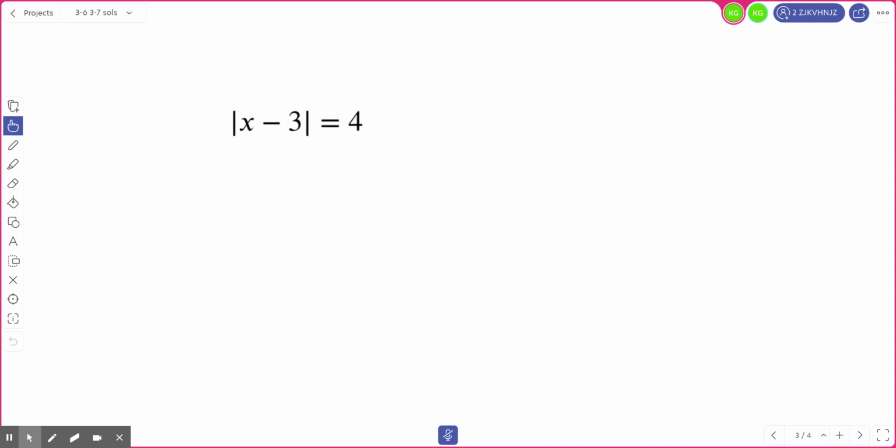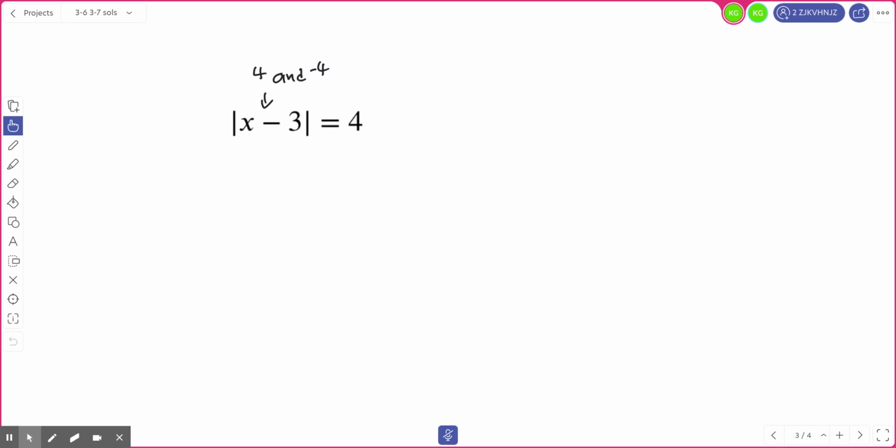Absolute value. So almost always when you're solving an absolute value equation, you're going to have two possible answers. Because if what's in here evaluates to 4, then the absolute value of 4 is 4. And if what's in here evaluates to negative 4, the absolute value of negative 4 is 4 as well.